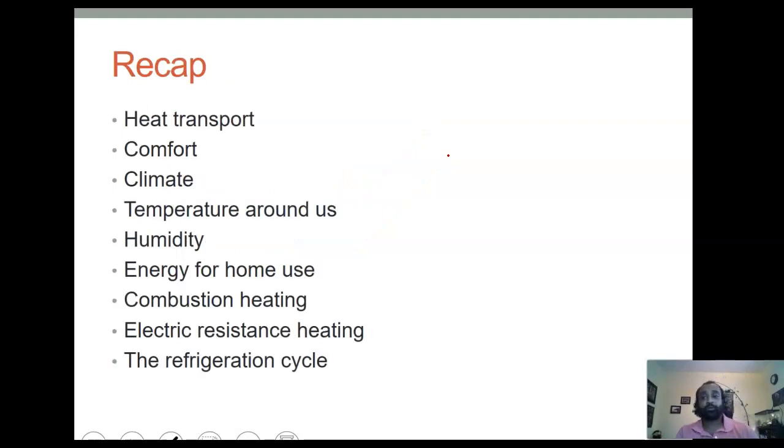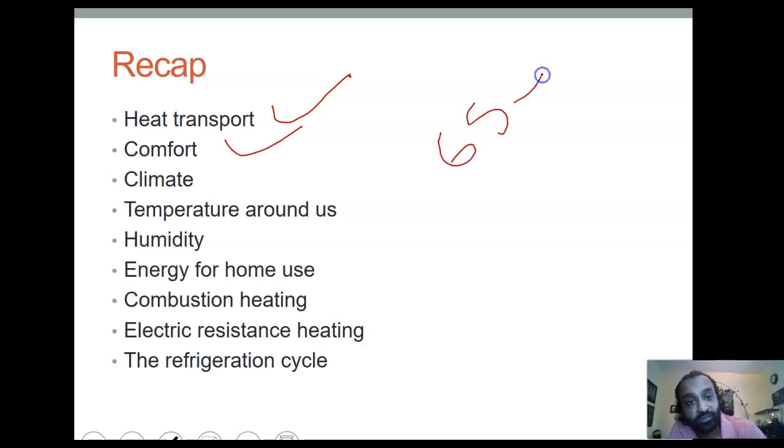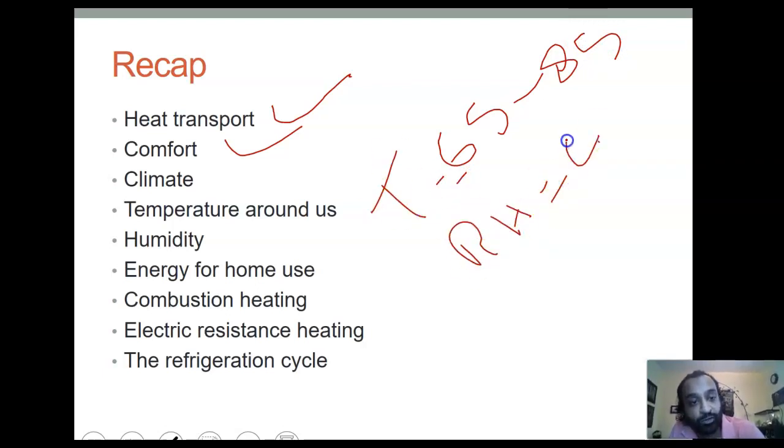So as a recap, I know I threw a lot of material on you. We talked about heat transport, that's conduction, convection, and radiation. We talked about human comfort, and that is temperature between 65 to 85, and humidity, RH, from 40 to 60.